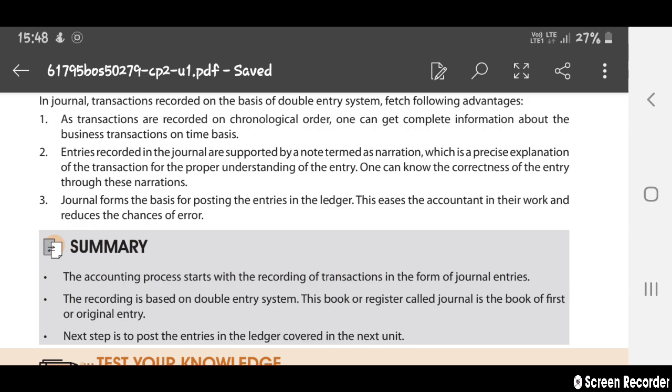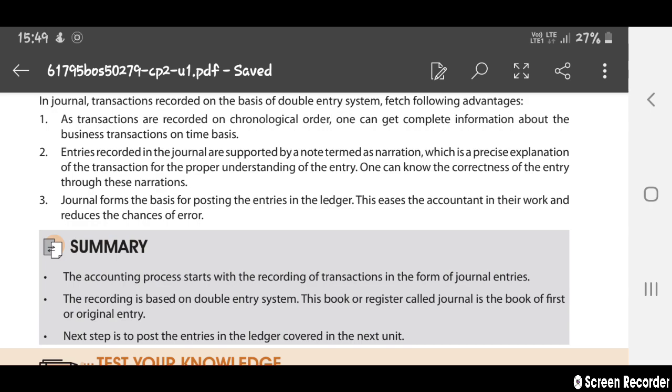Through this narration you can easily understand why the transaction happened and know the correctness of the entry.